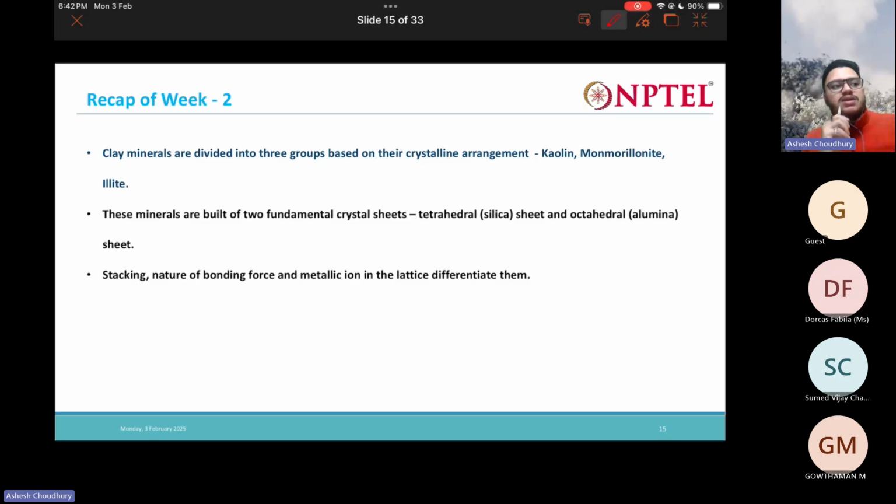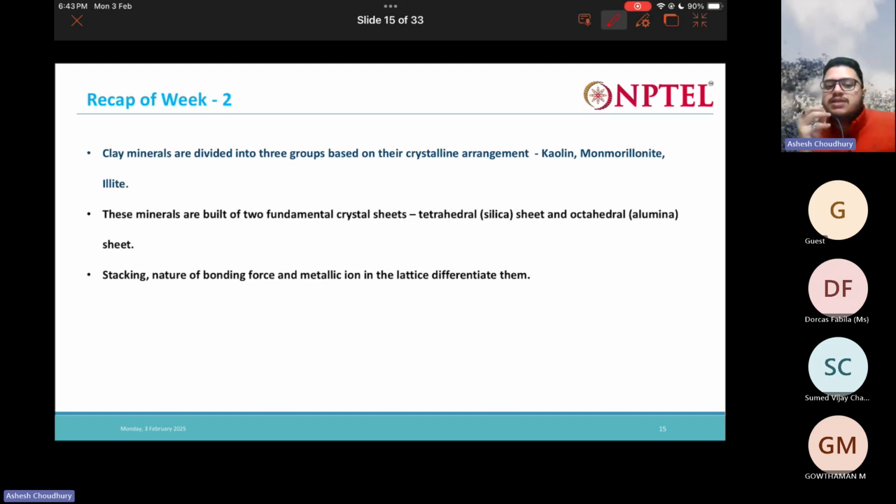Generally, whatever soil we take, it will have either kaolin, montmorillonite, or illite. That's why most of the textbooks also refer to these three main clay minerals.